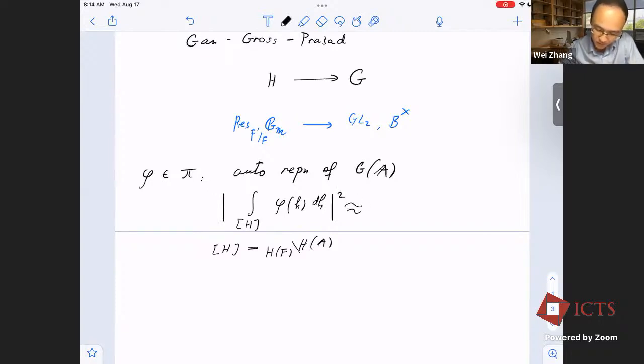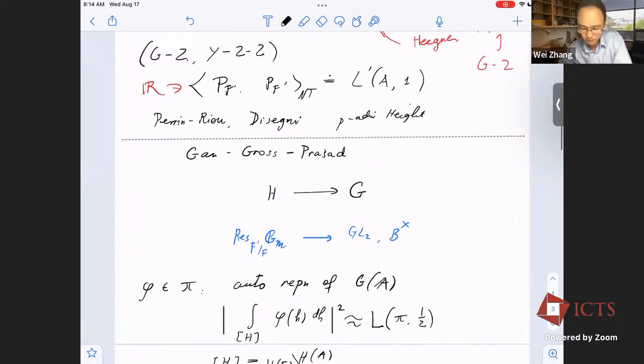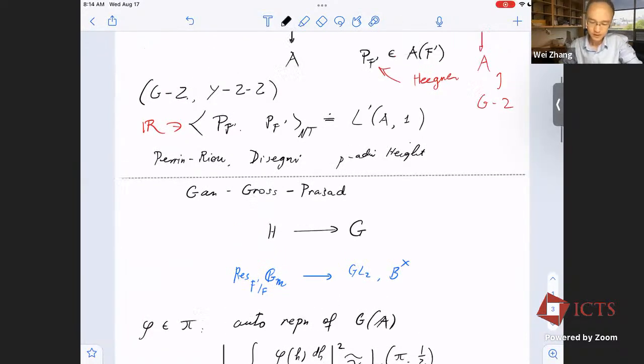This will be decomposed as an L-factor attached to π, a suitable L-function. I'm now using the automorphic normalization where the center is one half, rather than above, where I was using 1 as the central point for the L-function of an abelian variety.